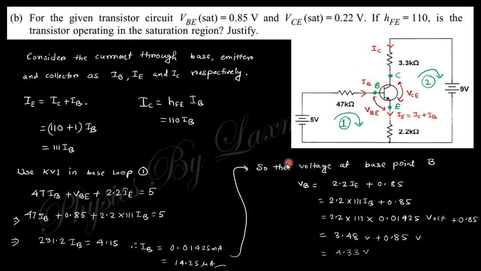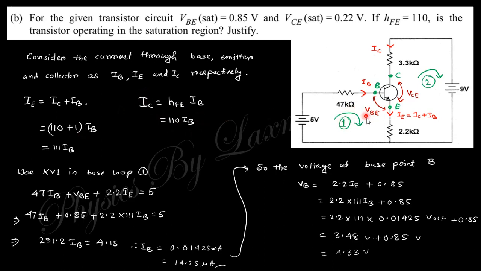For that, IE is IC plus IB, that is the current through the emitter, and IC is nothing but HFE times IB. If you put this value of IC here, you will get IE and IC in terms of IB.